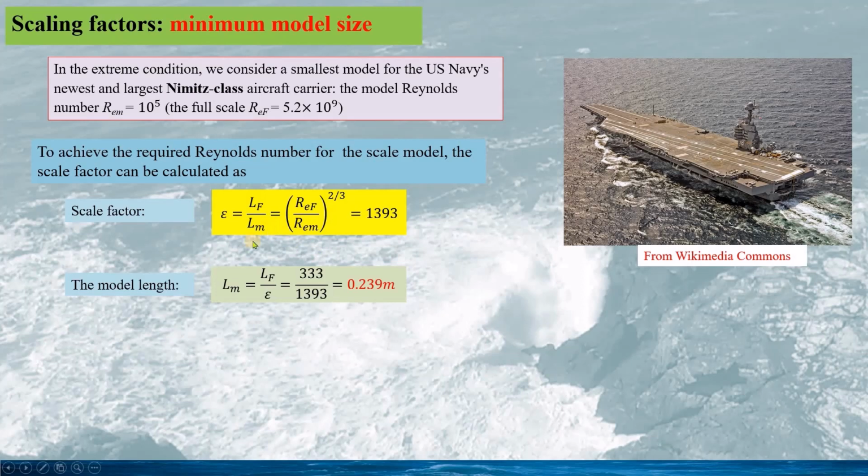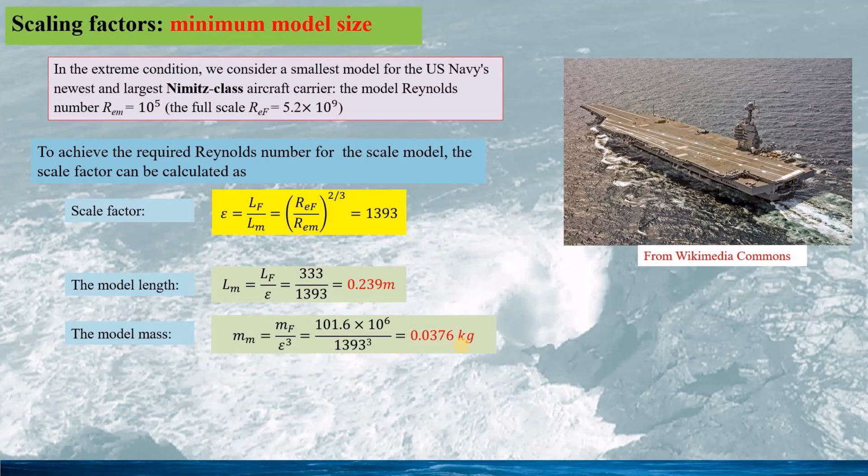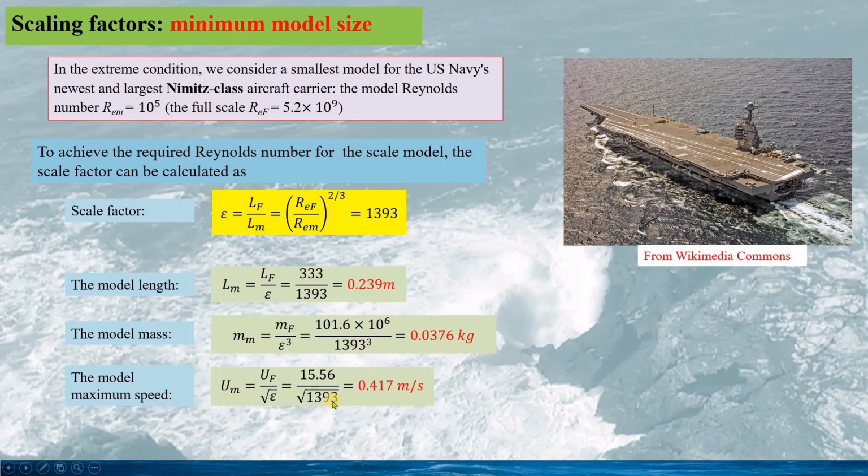So based on the scale factor, we can calculate the model length L_m given by this: 0.239 meters, and the model mass calculated by this would be 0.0376 kilograms. And based on the Froude similitude, the model's maximum speed would be given by this.